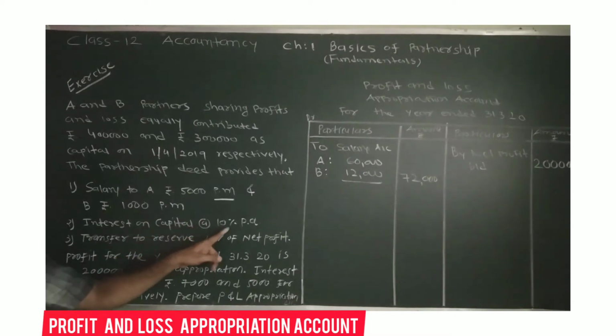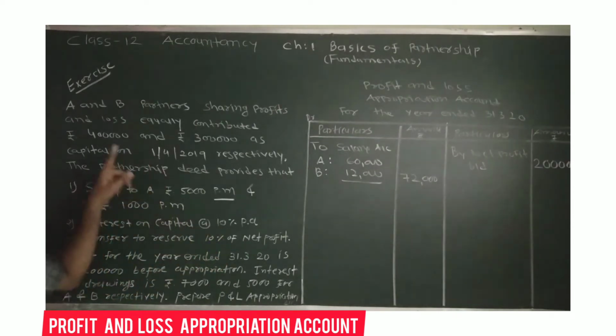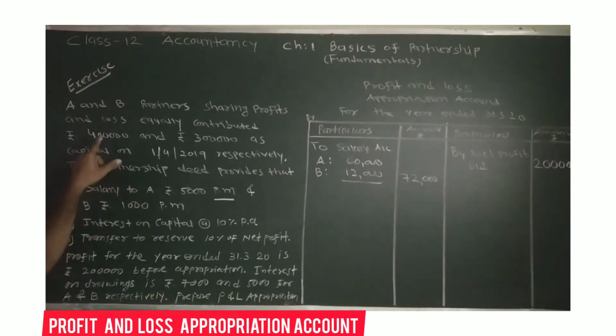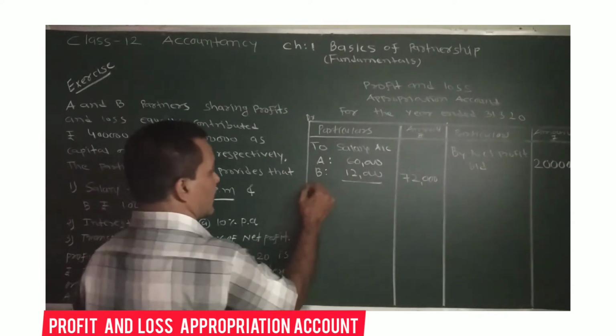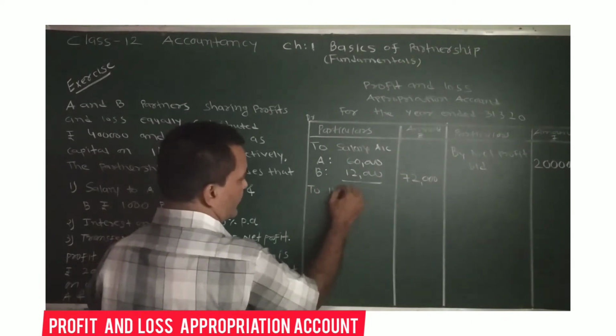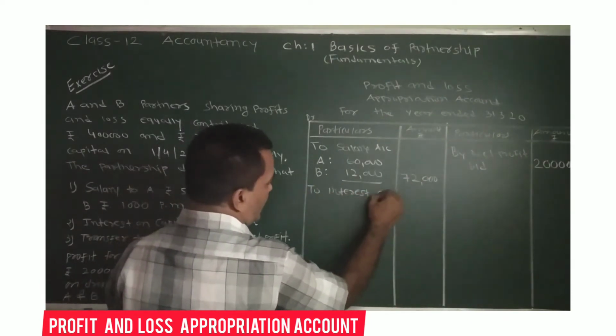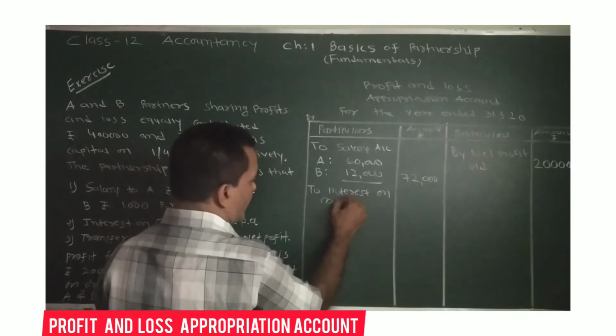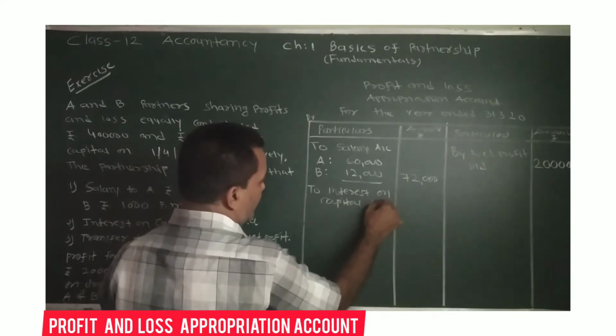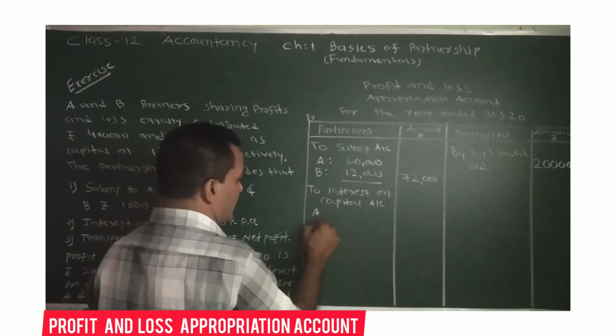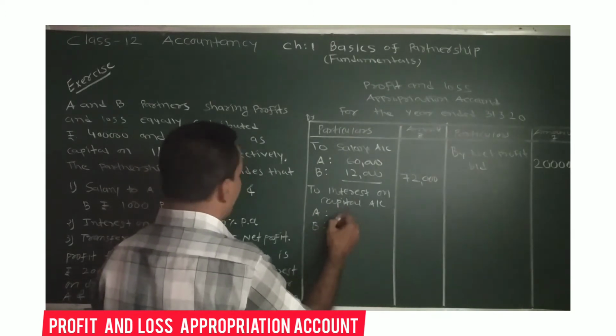Thereafter, interest on capital at 10% per annum. Now here we are given the opening capital, so directly 10% of 4 lakh and 3 lakh. So 10% of 4 lakh is 40,000 and of 3 lakh is 30,000. So interest on capital you will write on the debit side, interest on capital account, A and B separately.